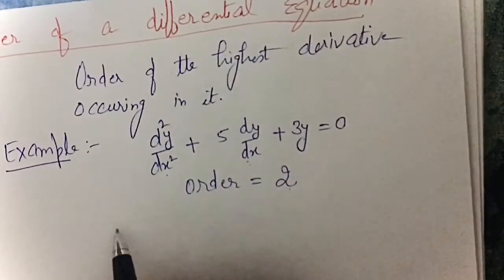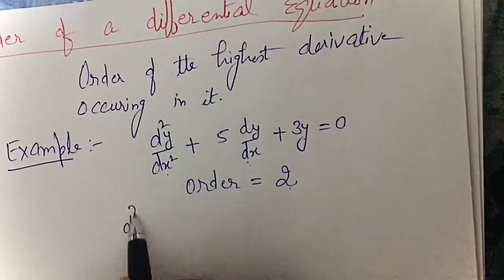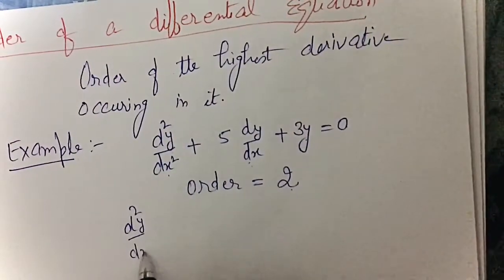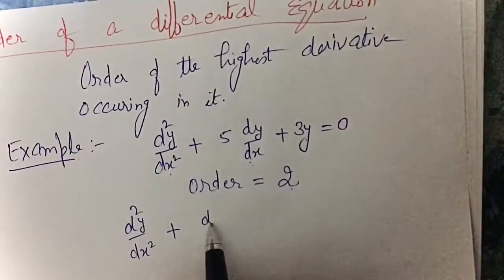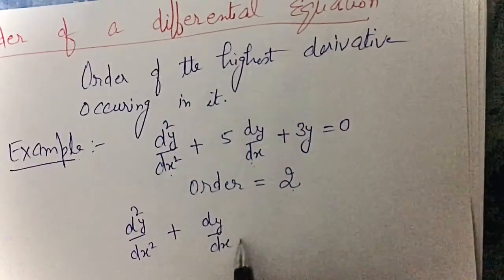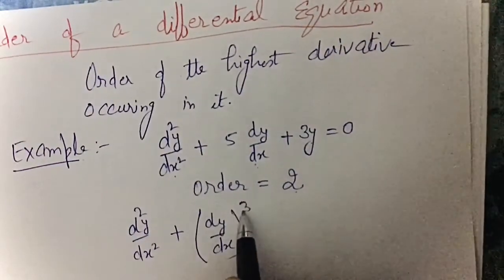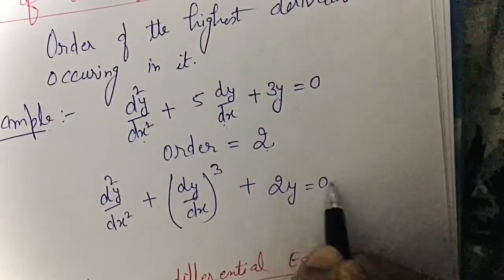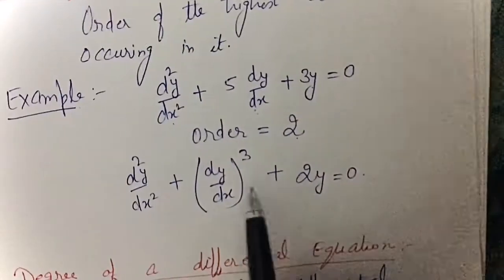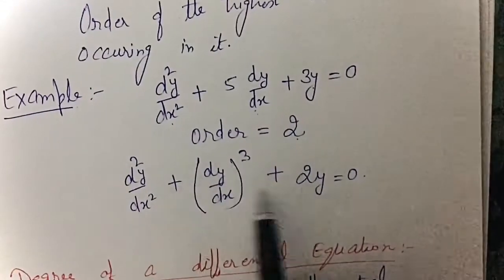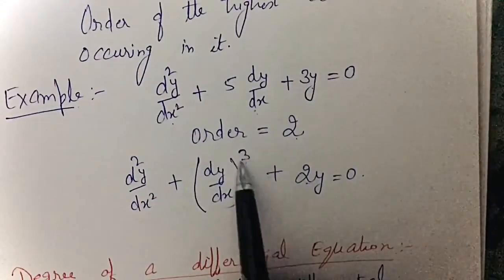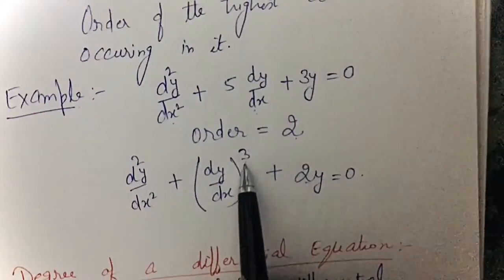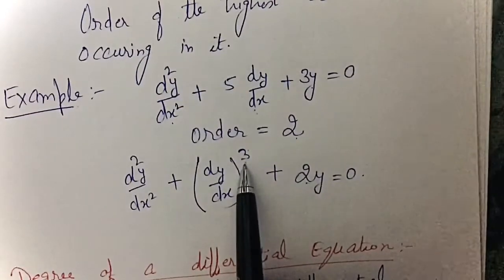For example, we have d square y over dx square plus dy upon dx whole cube plus 2y is equal to 0. Here some students say the order of this equation is 3 because of this 3. But no, its order is not 3.